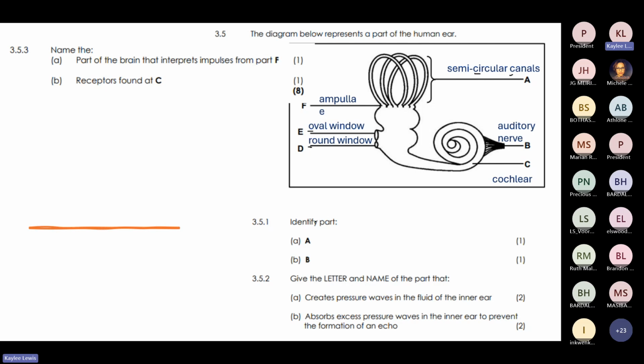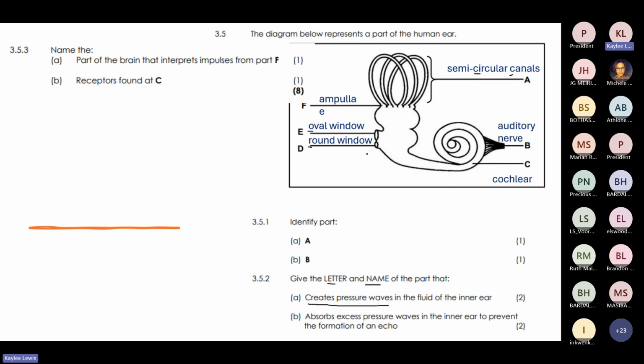All right, let's look at the question. 3.5.1 says identify parts A and B. I've done that now for you. We have A, which is our semicircular canals, and B would be your auditory nerve. Then 3.5.2 says give the letter and name. Please don't only write down one of them. Please make sure you write the letter and the name of the part that creates pressure waves in the fluid of the inner ear.